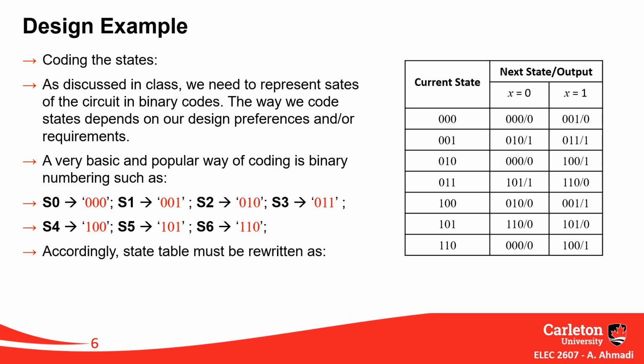Question: is this the only way you can assign codes to states? Answer is no. You can do as you wish. You can do it with 4 bits if you like. You can do it with 5 bits. You can do it with much longer if you wish. But remember, whatever you choose, you have to pay for it as well.